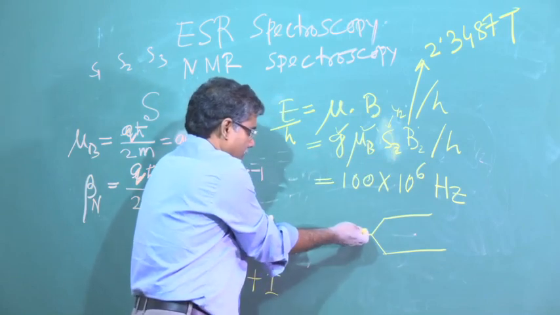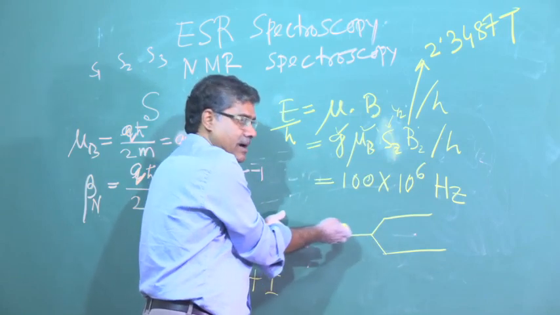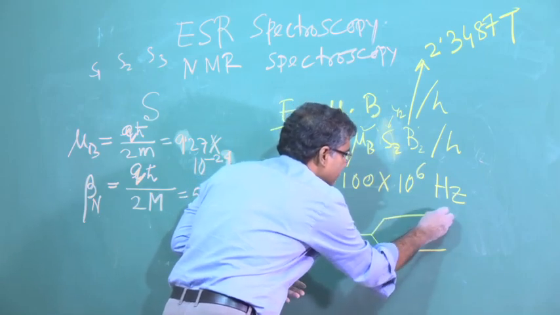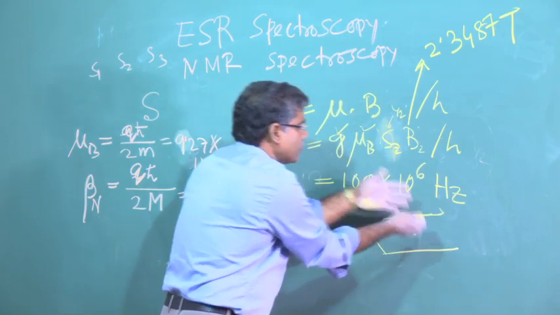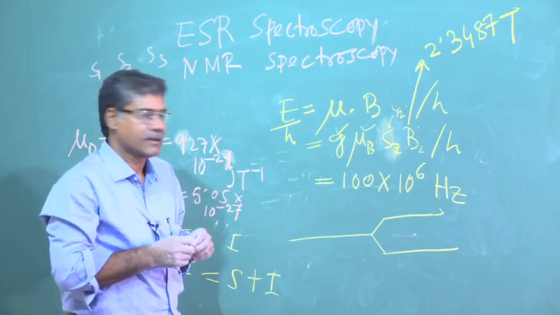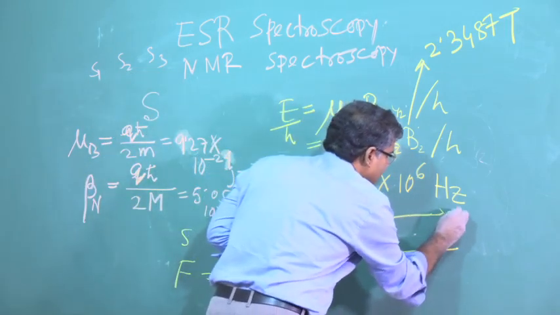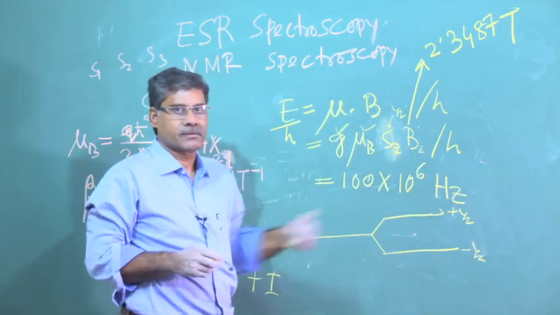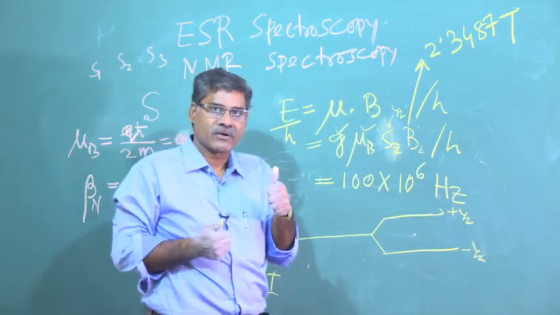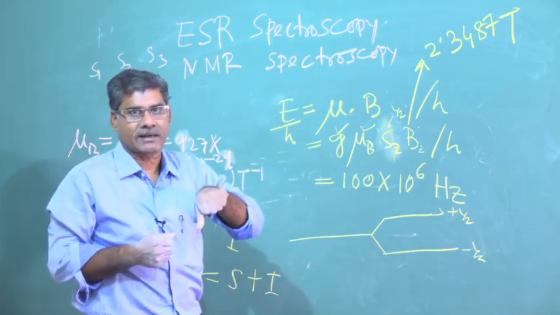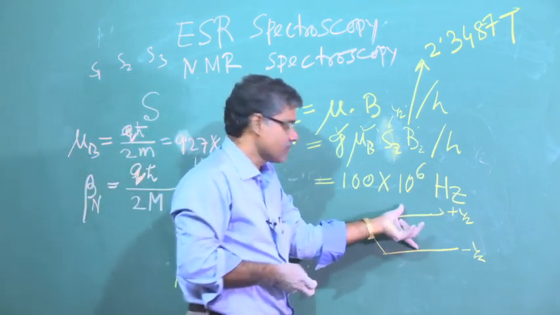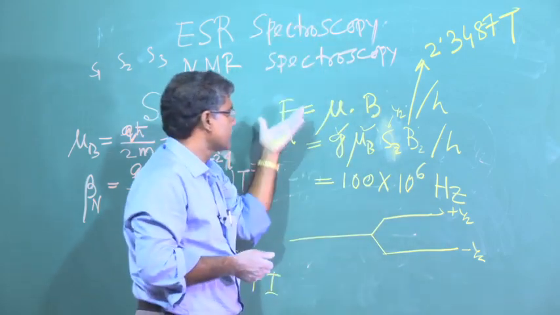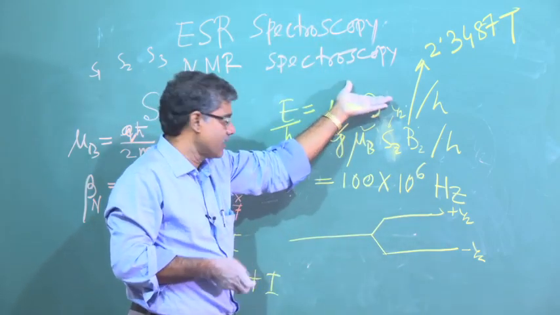So, before applying the magnetic field it was degenerate. Now it will be split into 2 lines, for plus half and minus half, that is, for spin up electron and for spin down electron there will be a separation. And this splitting is because of the magnetic field that we apply.